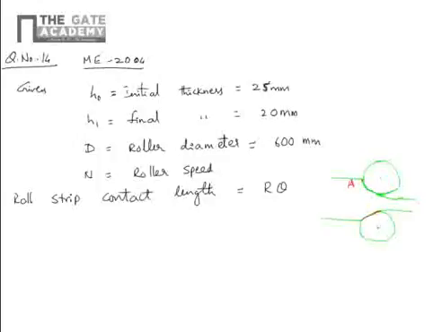If this is point A and this one is B, then AB is called the roll strip contact length. It is the length of the arc between the entry point and exit point, with angle alpha, sorry, not theta. Alpha is the angle of bite.